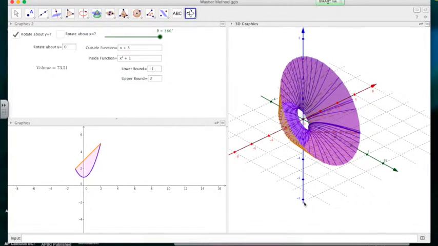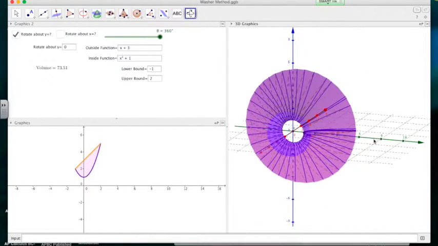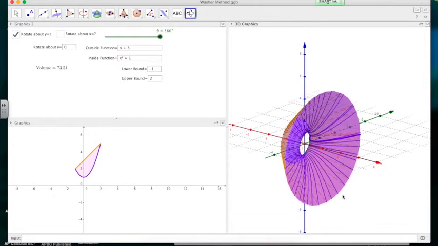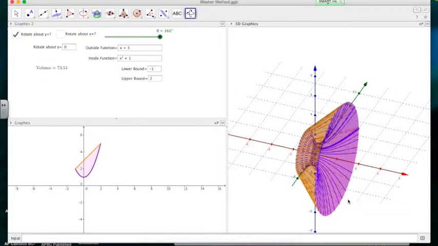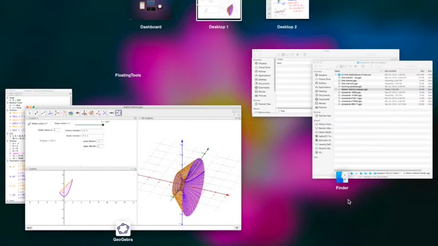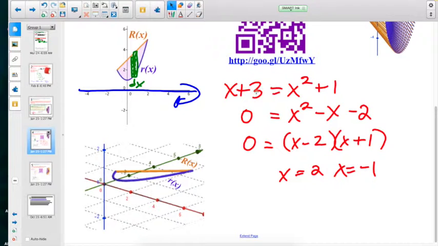So we have that curved surface. Let me set this up to be somewhat 3D-ish. So we're going to go ahead and integrate that.